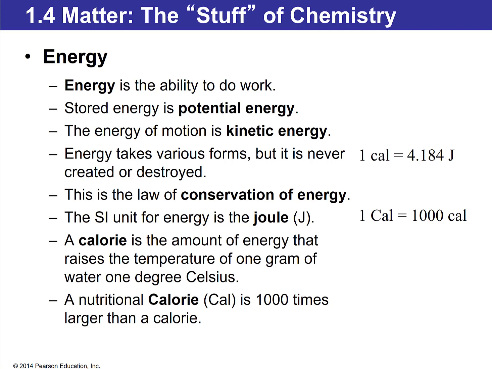When talking about food energy, people talk about the calorie. So you talk about how many calories there are in a cup of noodles or in salads and things like that. So that's thinking about nutritional calories. But for us in metric, we will most commonly use what's known as the joule. So it's just another energy unit.